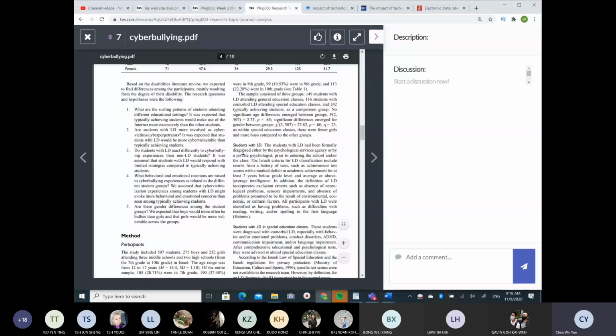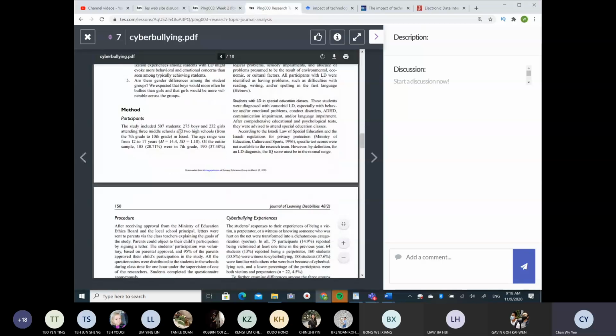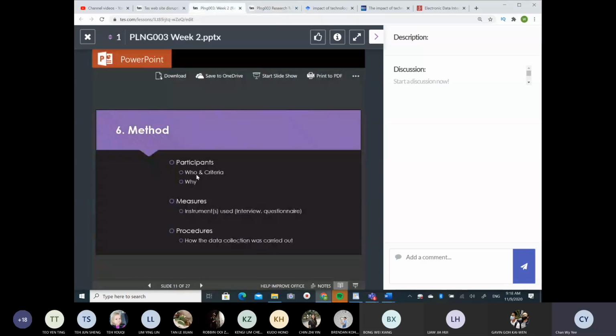So the participants are also adolescents in 3 middle schools. The criteria is they should be in middle school, adolescents. And why are you picking that? Because your study is about adolescents. You cannot be picking an 80-year-old grandmother or 50-year-old uncle or 2-year-old child, right? So this is why the participants is very important.